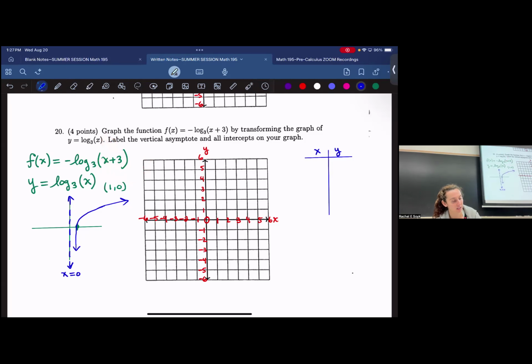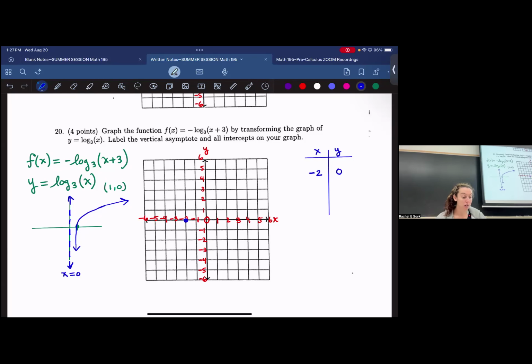All right. So when x is -2, our y is 0. And so we can plot that, -2 comma 0.